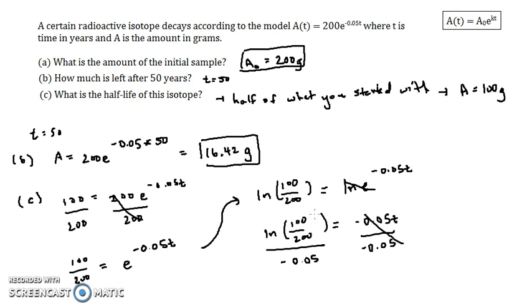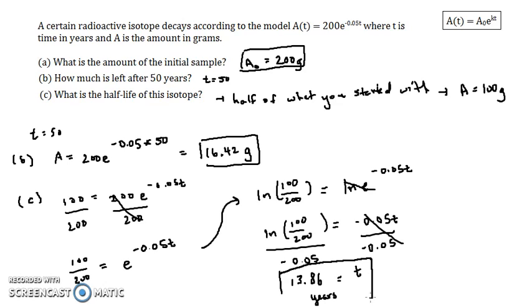Now we're going to put this in our calculator very carefully. We're going to make sure that we have parentheses like this, divided, and you should get 13.86 equals t. Time for this problem is in years, so this is years.